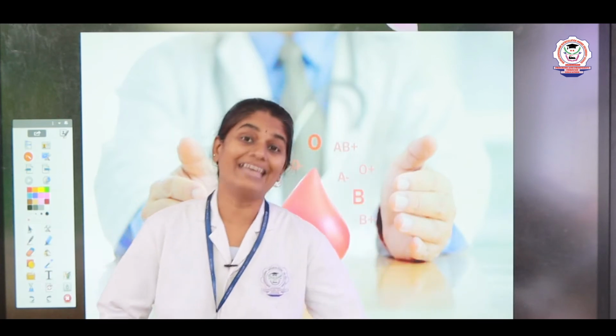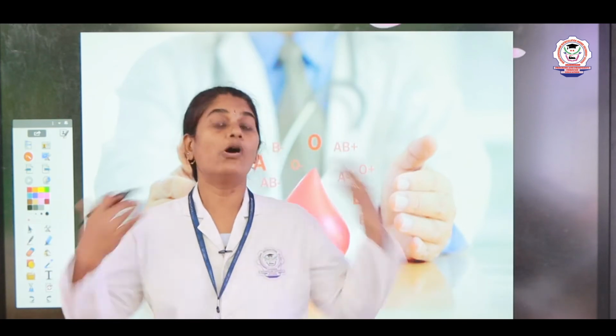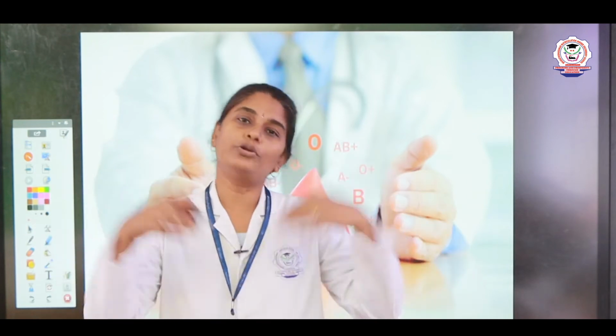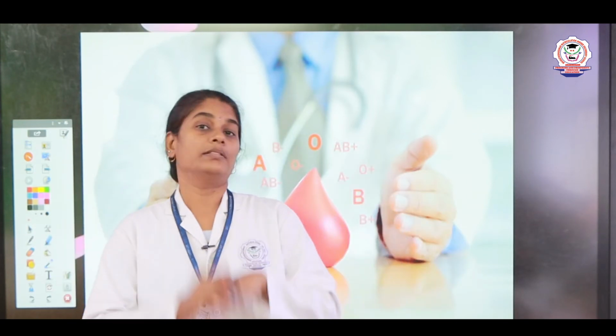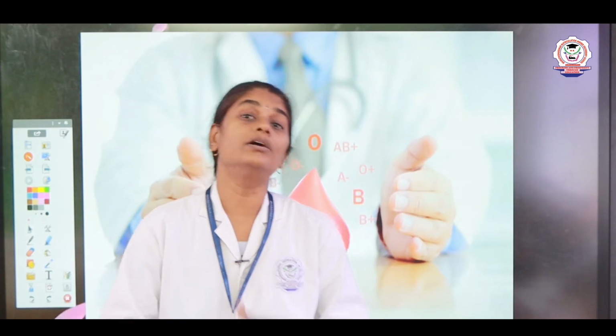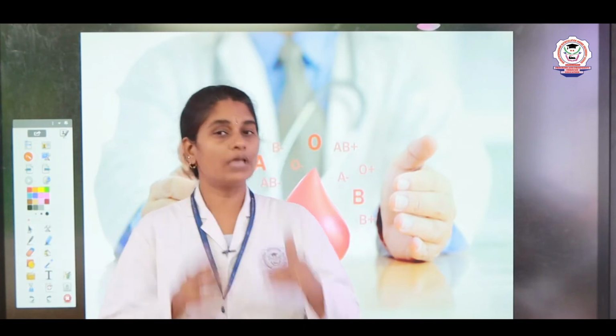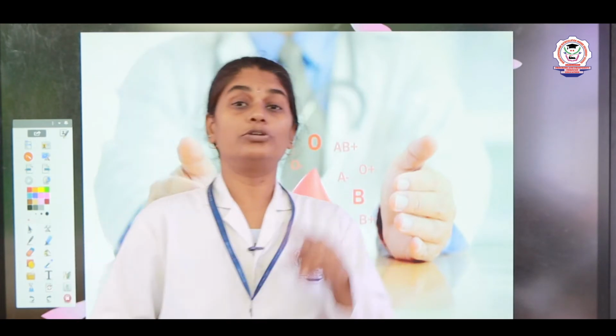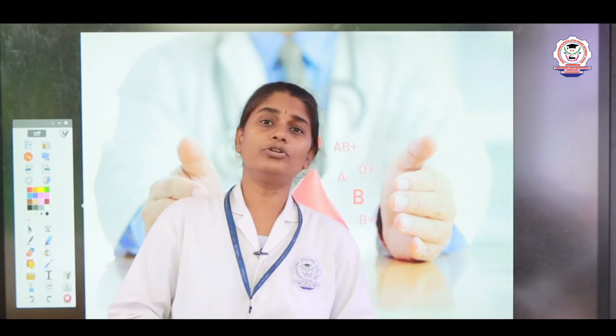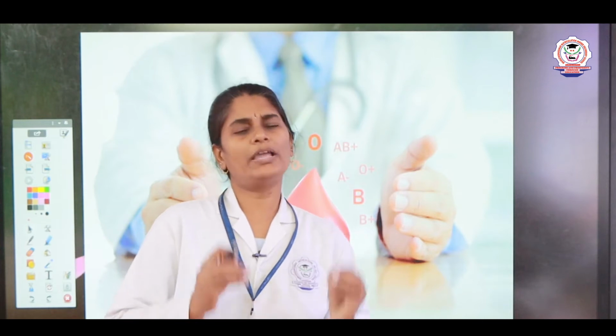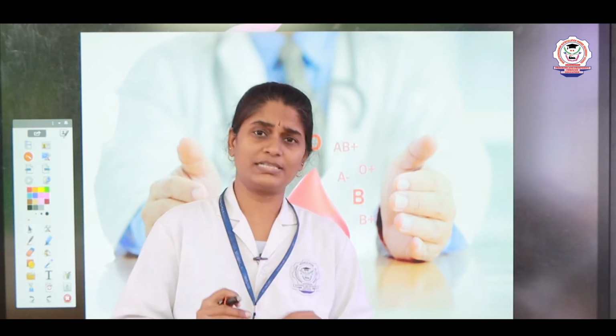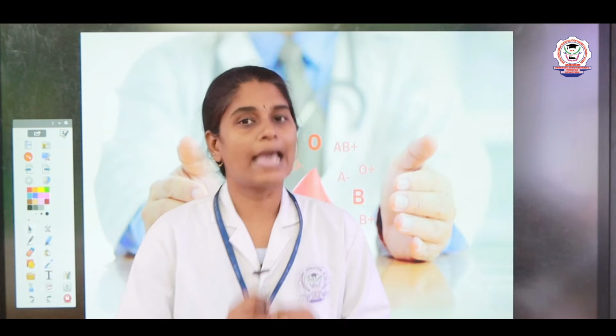The veins carry deoxygenated blood from all the parts of our body into your heart, and the arteries carry the oxygenated blood from the heart to all the parts of our body, right. So these are the two blood vessels, and you know that there are minute blood vessels present in our body which are known as capillaries.